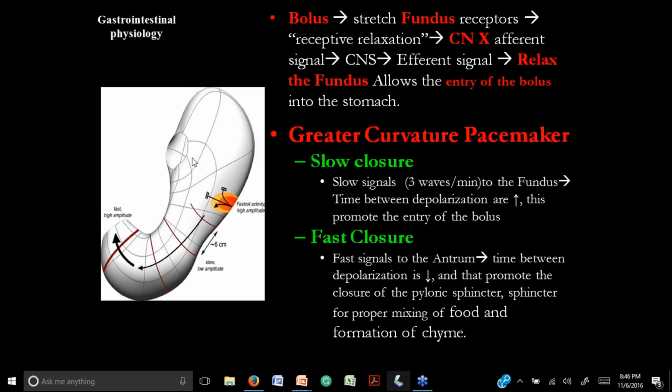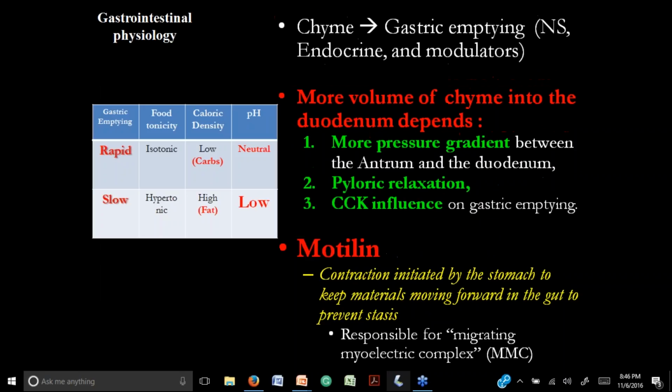So that is how, at the beginning when the chyme gets into the stomach, it makes effective the entry and some exit. We need to slow the passage of the chyme from the stomach to the duodenum, and that is happening when you have faster depolarization, and slower depolarization.